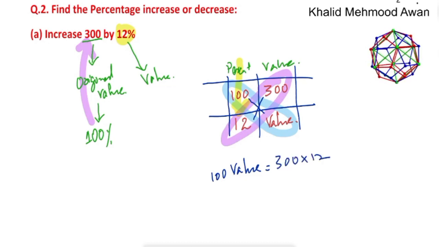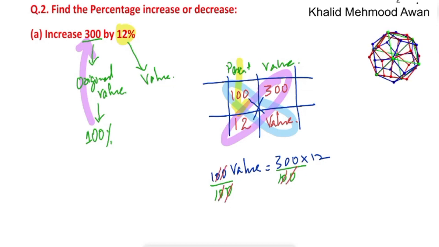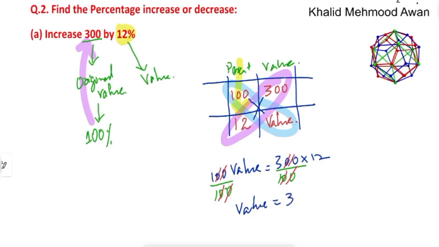And then we'll be dividing by 100 to get rid of the 100 which is attached to the value. So we'll be dividing the other side by 100. And you can see that this could be simplified. 2 zeros cancel on each side. So you see that value is equal to 3 times 12, which is 36.